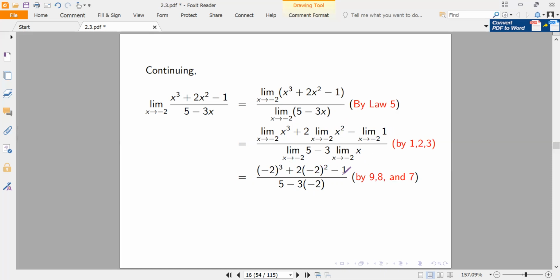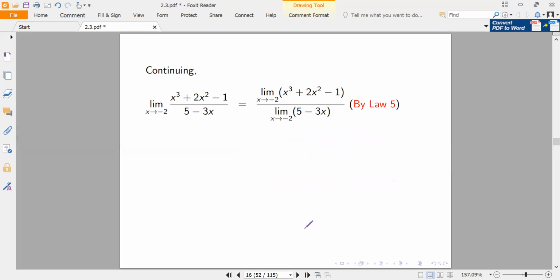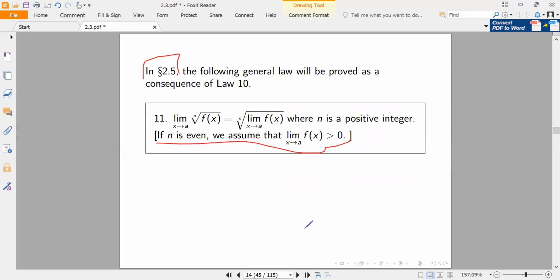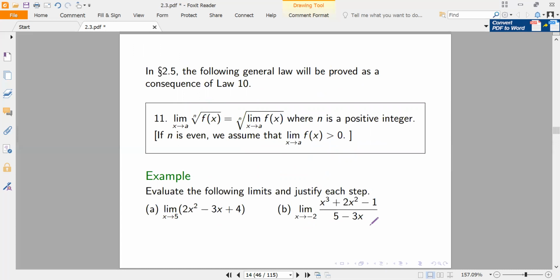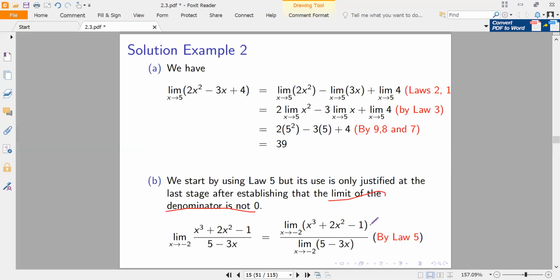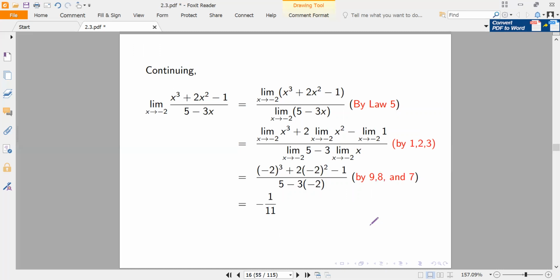For a constant, it just goes to that constant. Here this constant still goes to 5, and 3 times the limit as x approaches -2 of x still gives -2. So calculating this, we get -1/11. As you can see, in these two examples we did not use a calculator, but we are able to come up with an answer. I know this was the easy one.